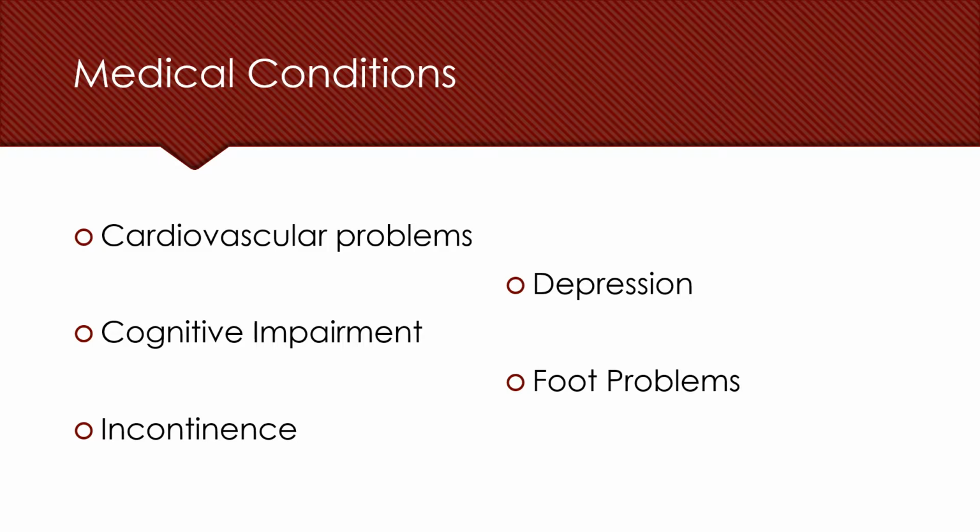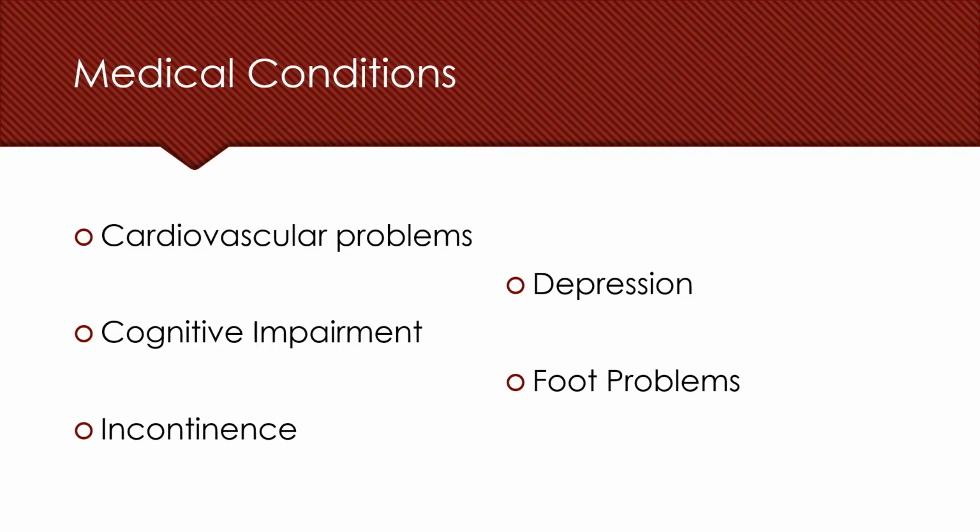Next, cognitive impairment is a medical condition that can be significantly linked to fall risk. For instance, if someone has a cognitive impairment and their balance is poor and they're forgetting to use their walker, it's making them at a really high risk for falls. Sometimes it's just not having that insight into their deficits can definitely make someone a higher fall risk.